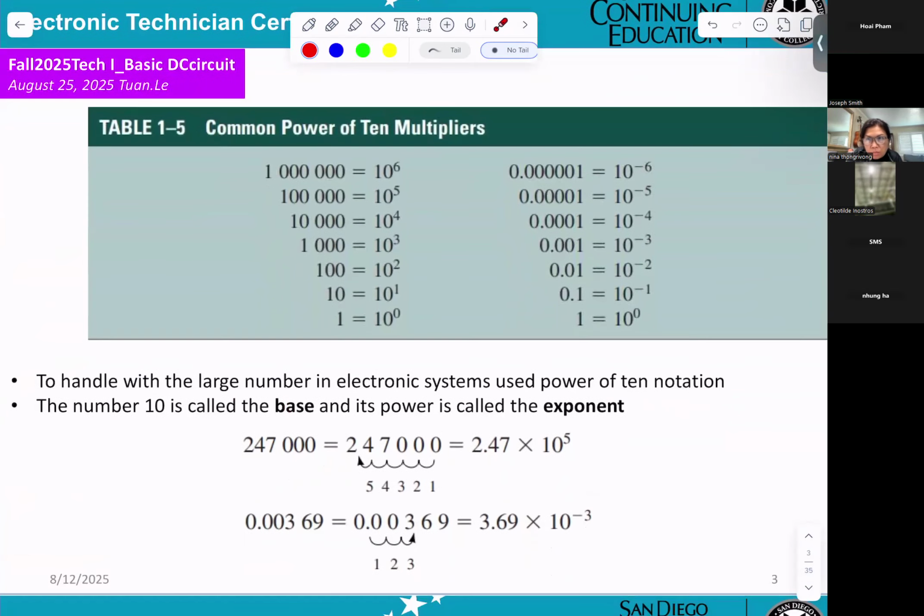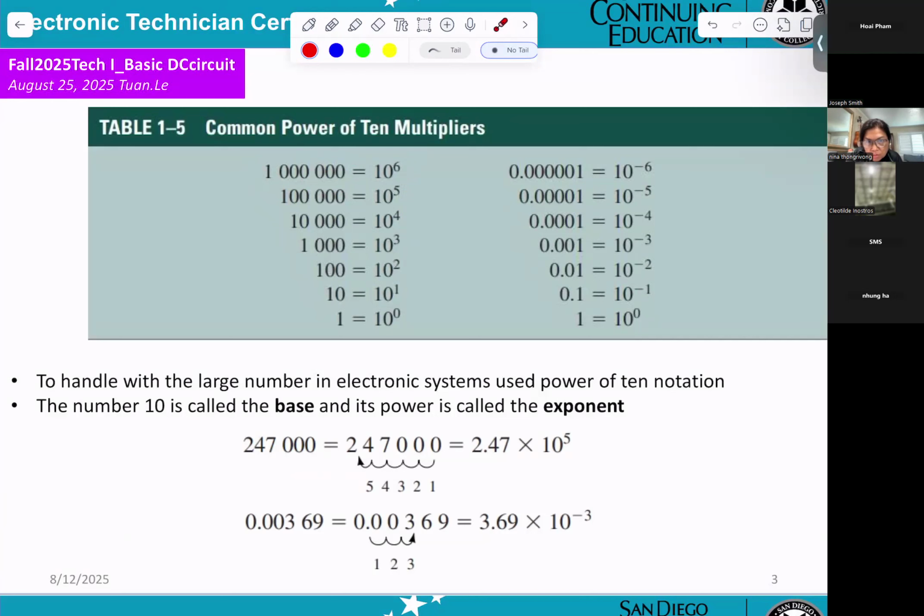And then the next one, we're talking about powers of 10. Okay? 1 million equals 10 to the power of 6, power of 5, 4, 3, 2, 1, or 0. The reason they don't want to use 1 million is that it takes too much space.